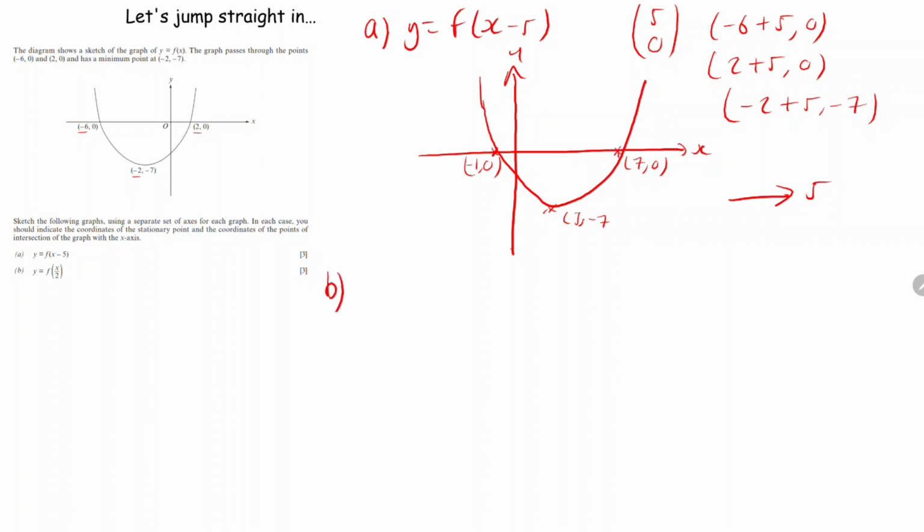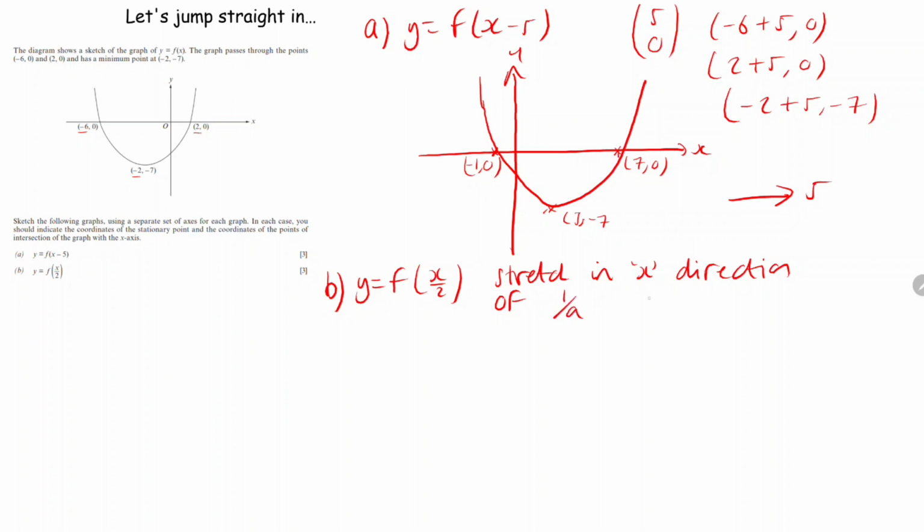For part B, in this case, we have the transformation y equals f(x over 2). Now this is going to be what we call a stretch in the x direction of 1 over a.